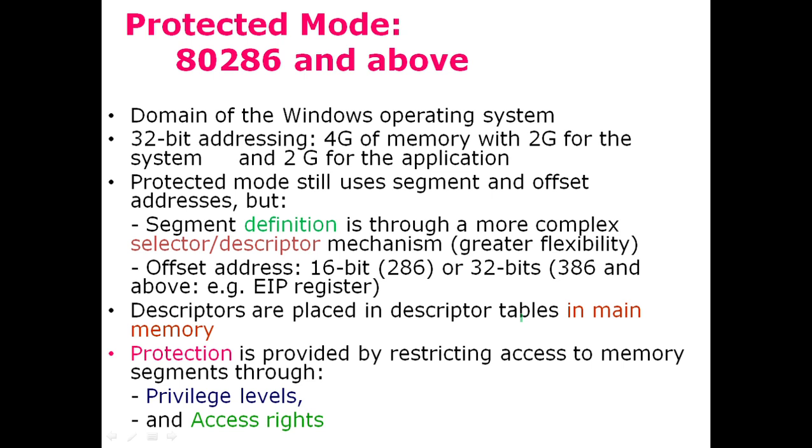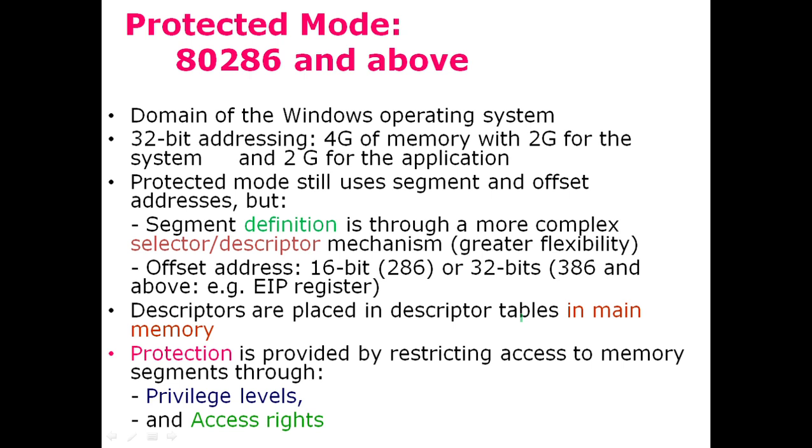Protected mode still uses segments, just like the real mode, and offset addresses are also used, but the segment definition is through a more complex selector and descriptor mechanism. This mechanism is complex to understand, but it provides greater flexibility regarding the segment definition.